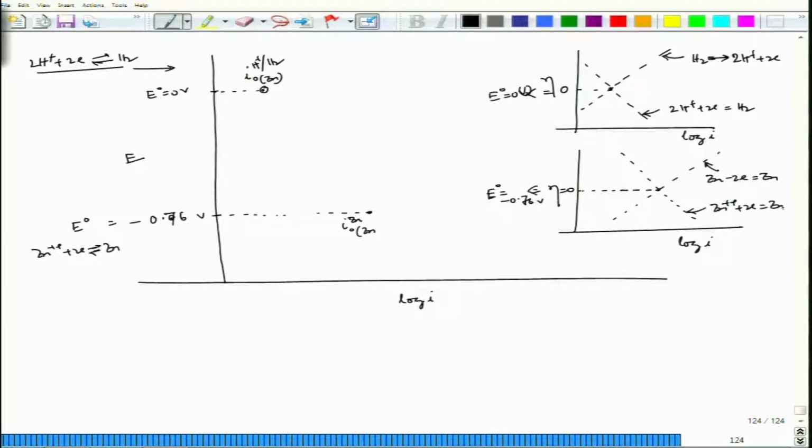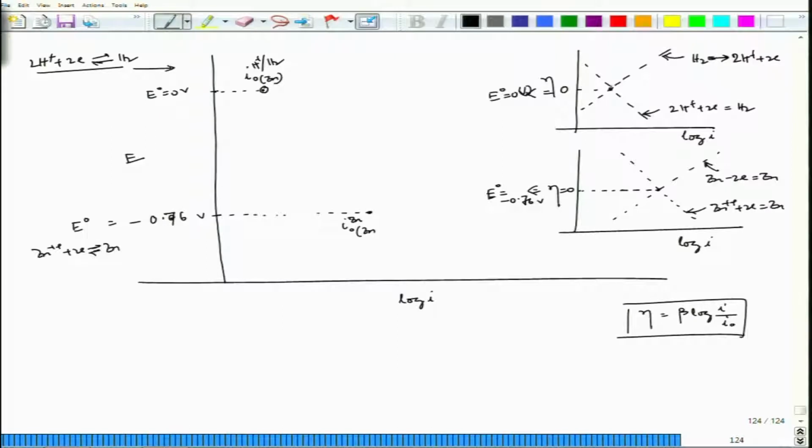So, they have their own cathodic as well as anodic Tafel plots. I would say that this equation, eta equal to beta log I by I0. According to these equations, they have their own plots.